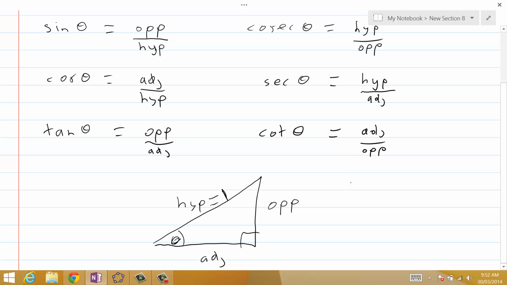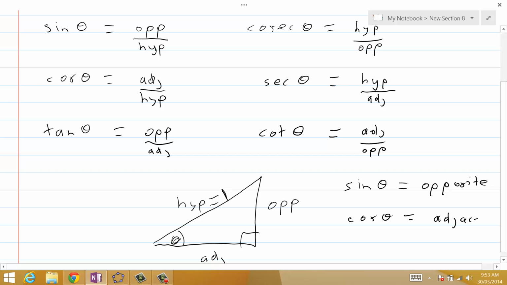So in the case of this very special triangle, sine theta in fact equals just the length of the opposite side. Similarly, cos theta is adjacent over hypotenuse, so adjacent over 1. So in this very special case, it just equals the adjacent side.